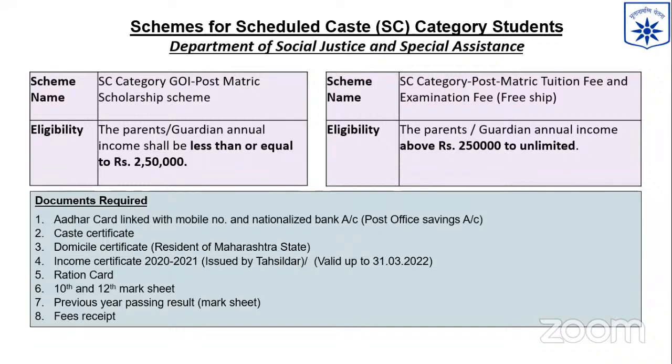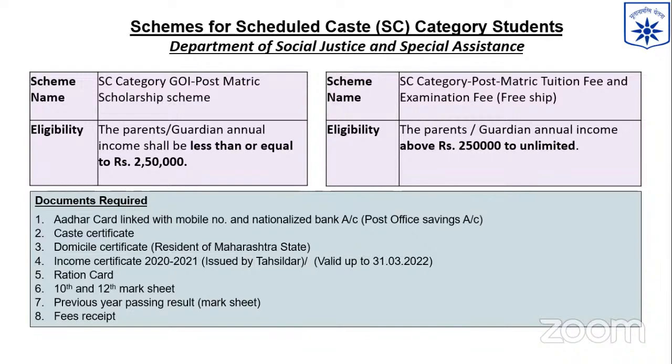For doing the application online, you have to log into the website of the Government of Maharashtra, called mahadbt.gov.in. In case of SC category students, you apply for the scheme in the department called the Department of Social Justice and Special Assistance.